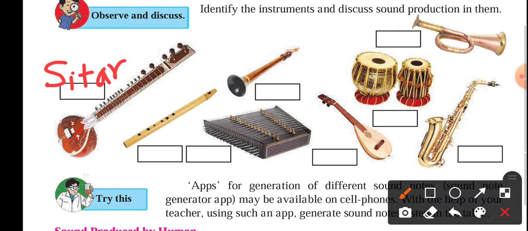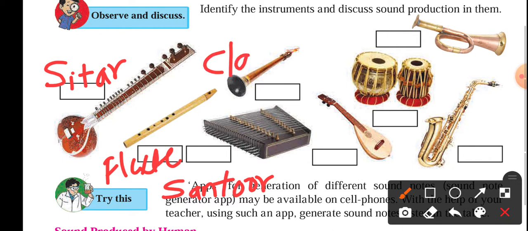This one is a sitar. This one is a flute. And then we have a santoor. I'm giving you the common, well-known names. Then we have a clarinet.